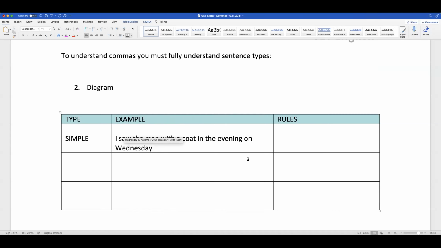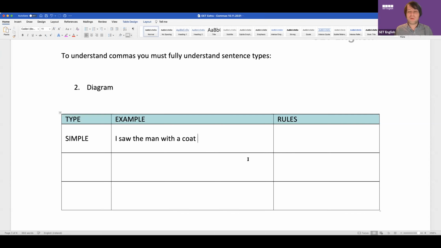It's simple because there's only one subject and verb. But it's quite long, isn't it? I saw a man with a coat in the evening on Wednesday with my friend. It's not simple because it's short. It's simple because there's one subject and one verb. It's got one clause, okay? That's really, really important. So does anyone know the other two types of sentences?